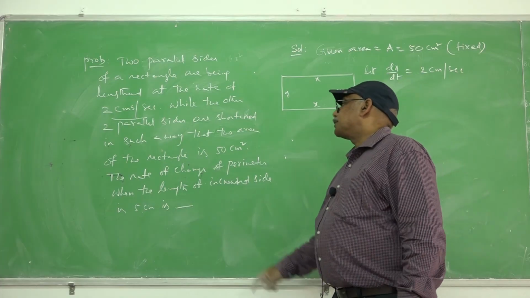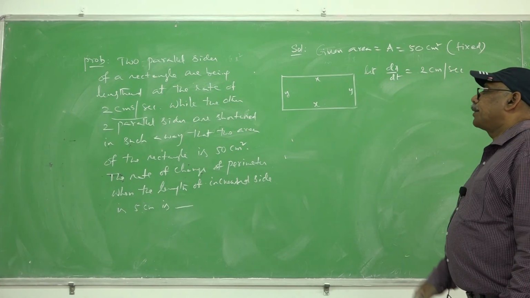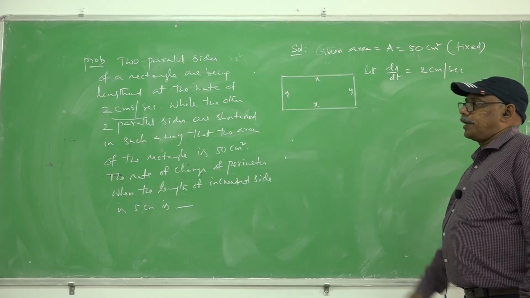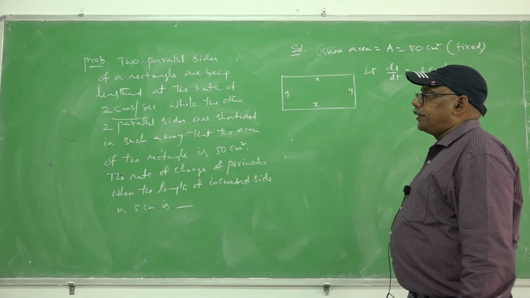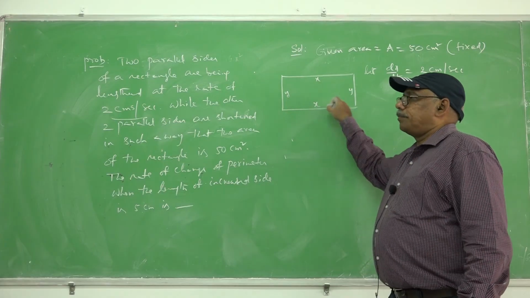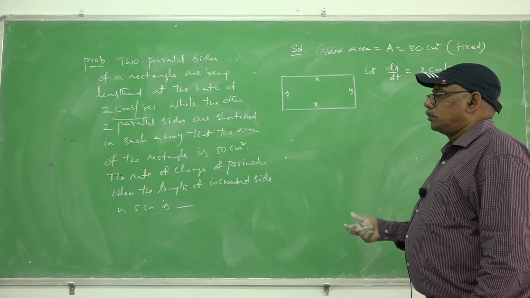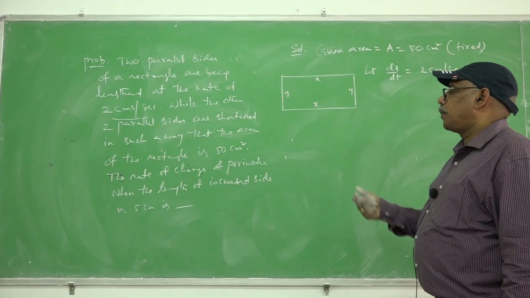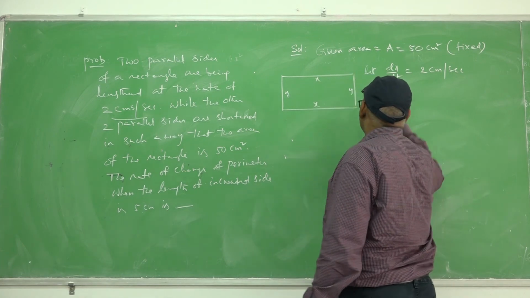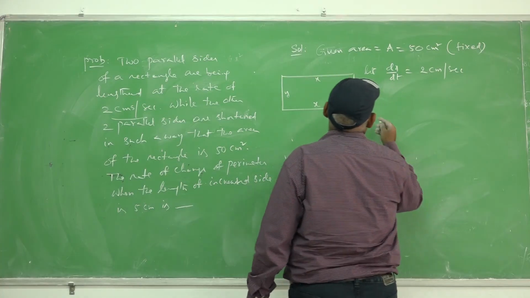So we have to find the rate of change of perimeter, while the other two parallel sides are shortened at a rate that is not given, but the area remains the same. Once the length of the increased side x is given as 5 centimeters, that is the problem.